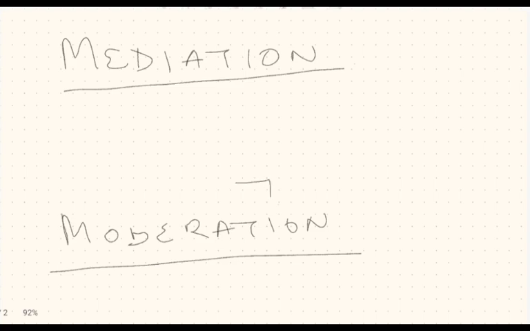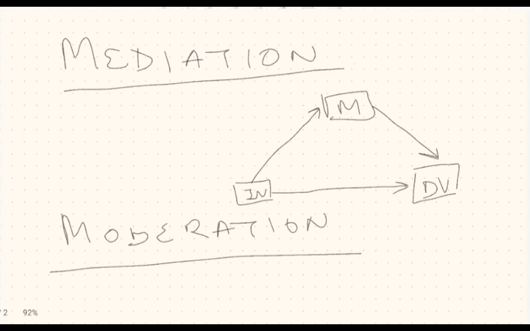Say in case you have an independent variable, IV, and then it affects the mediator, we call it the mediating variable, and finally there's a DV, the dependent variable. So in this triangular conceptual model, path model, you see that there is one direct effect.